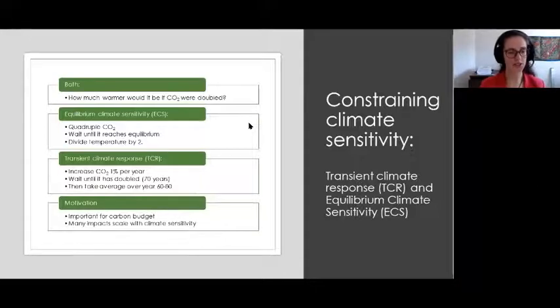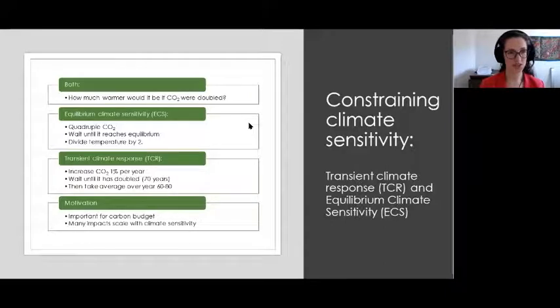Just to repeat the two definitions of climate sensitivity: we always talk about the transient climate response, which is the climate response in an idealized simulation of 70 years of 1% CO2 increase, taken as an average over the last 20 years. And we've got the equilibrium response that we typically approximate with a 150-year simulation.